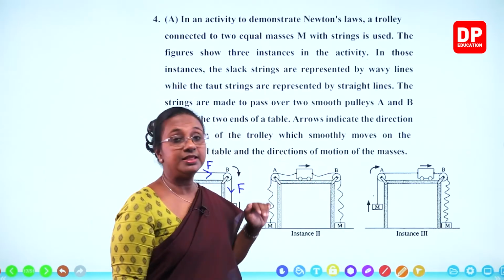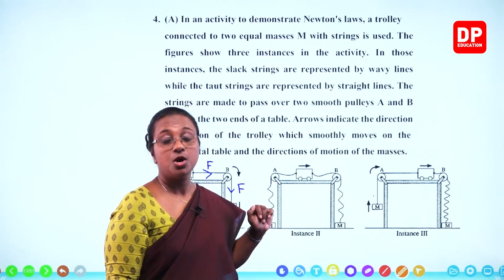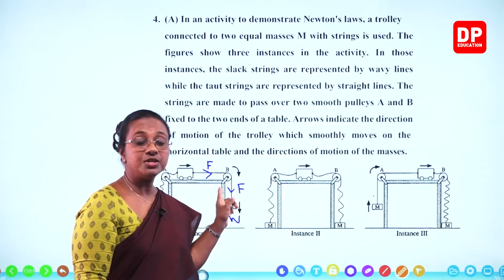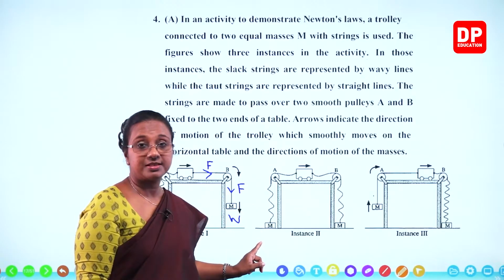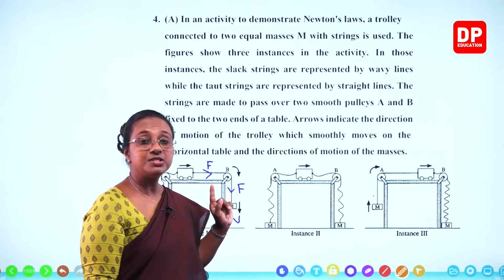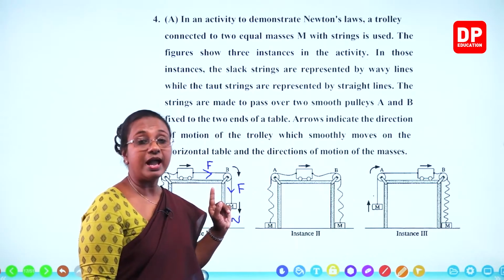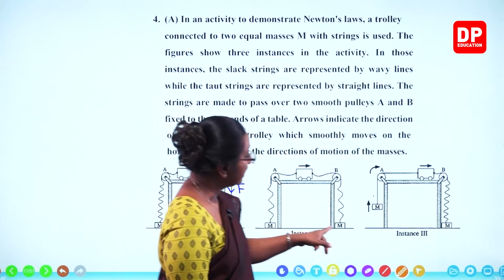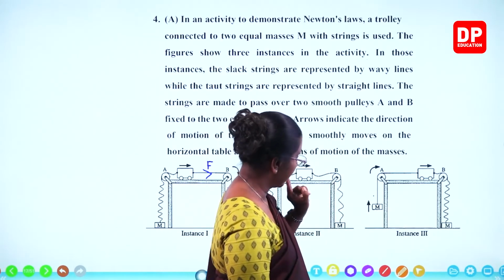It will move with constant velocity or uniform velocity. If there is an unbalanced force, there will be uniform acceleration. Here, there is no unbalanced force, so there is no acceleration. Uniform or constant velocity.